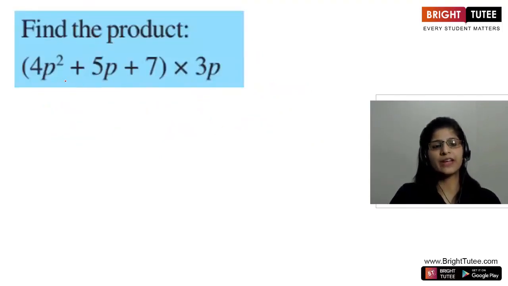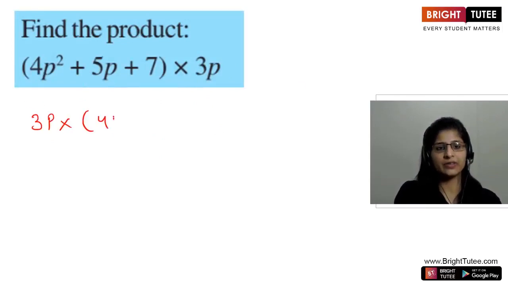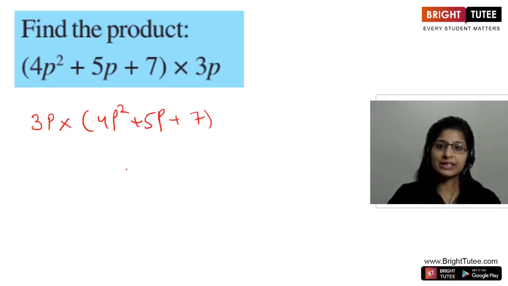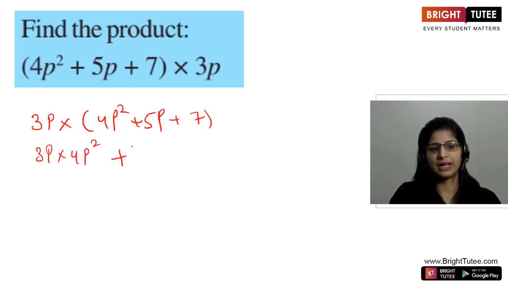Here you have to multiply 4p square plus 5p plus 7 with 3p. You can just write it as 3p multiplied with 4p square plus 5p plus 7, because they both are the same thing. Now 3p will get multiplied first with 4p square, plus sign, then 3p will get multiplied with 5p, plus 3p will get multiplied with 7.